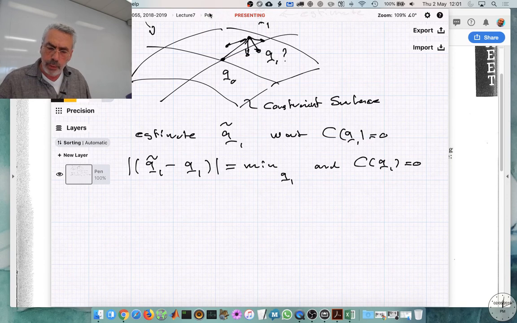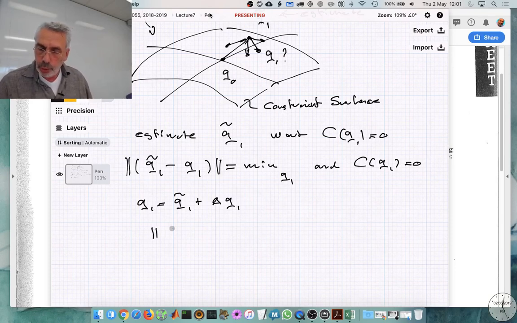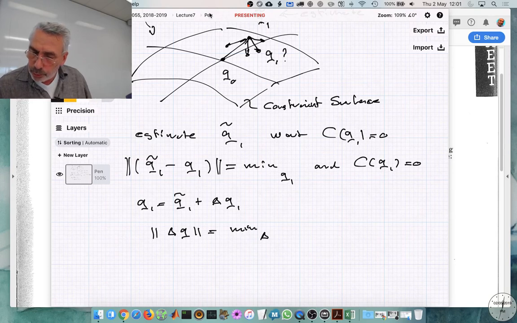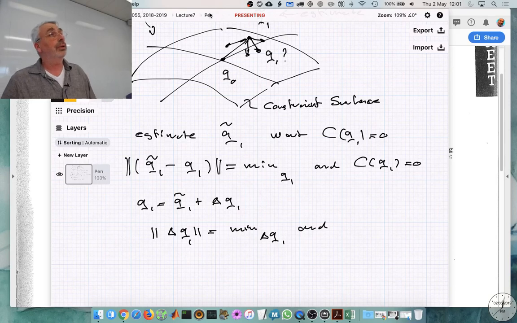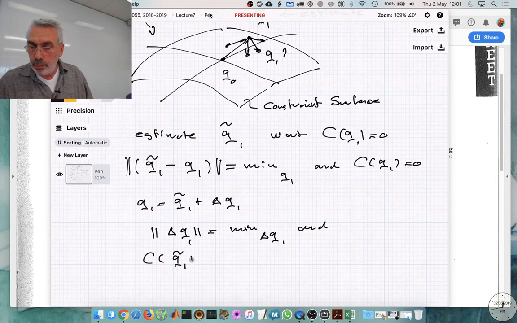So we can write Q1 as Q tilde plus some delta Q. And it's actually this delta Q which we are seeking. So if you then put that in the equation, the norm of this delta Q should be minimal with respect to this delta Q1. And the delta Q still has to fulfill the constraint. So still we have the equation C of Q tilde 1 plus delta Q1 is 0.